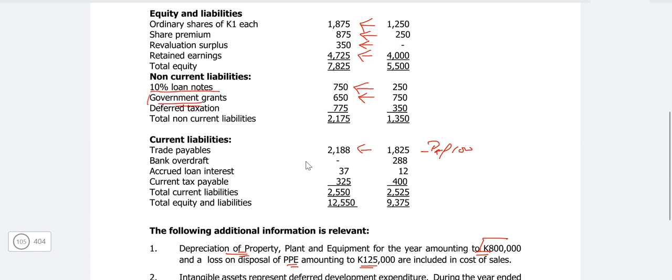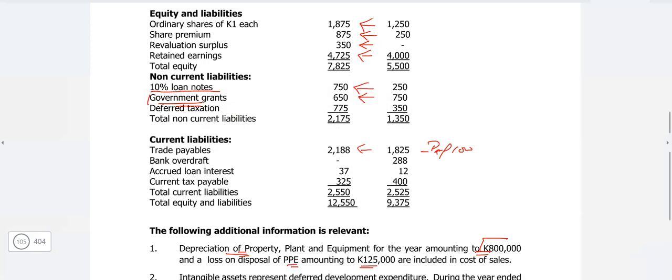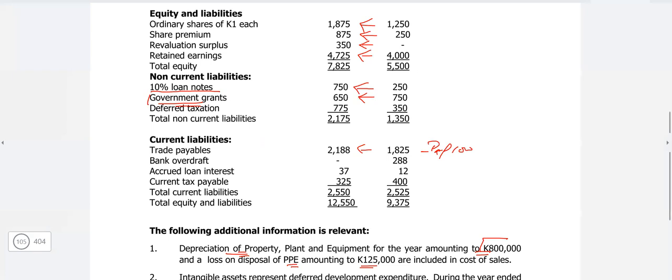The government grant opening balance is 750, which is a liability, so we put that opening balance over here, 750. And then we have the closing balance, which is 650. So we put the closing balance over here. We are just taking the balances from the financial statements.